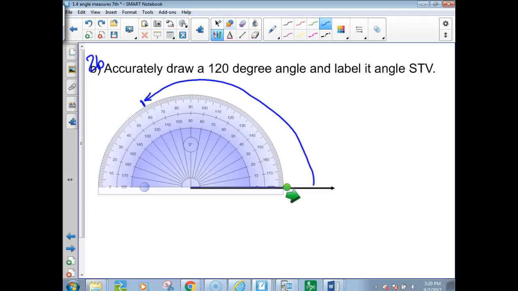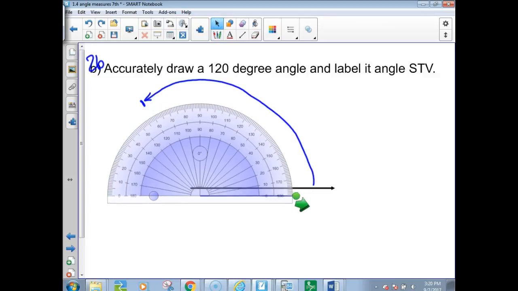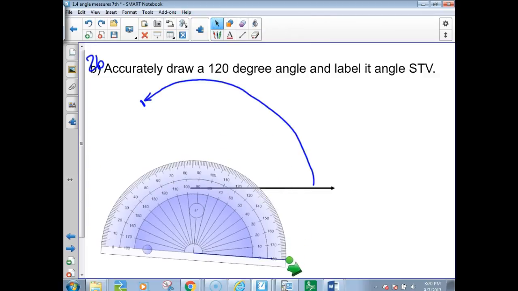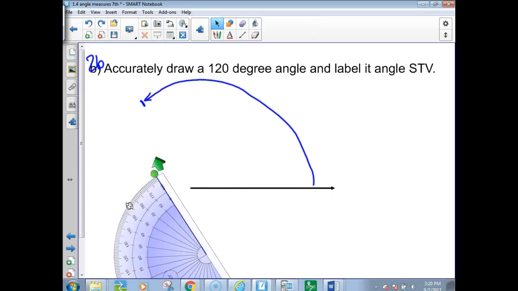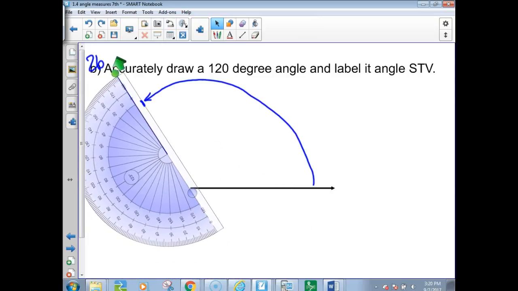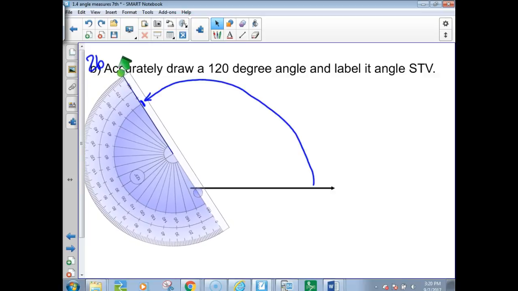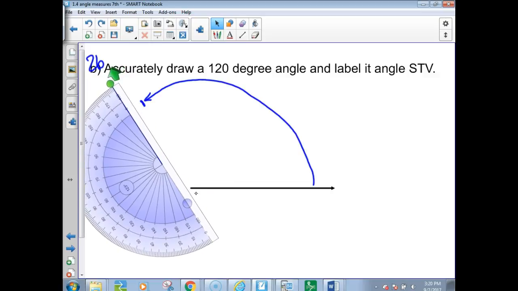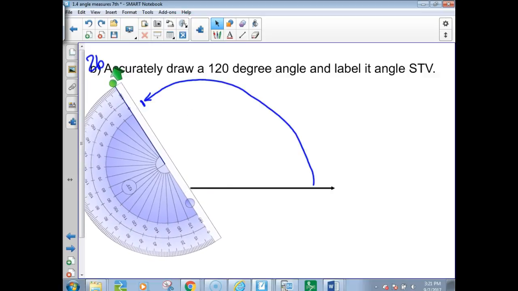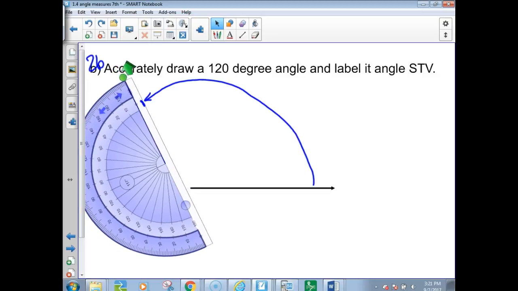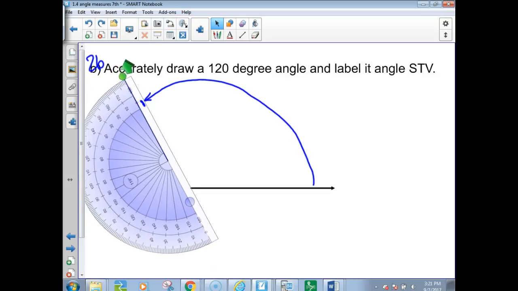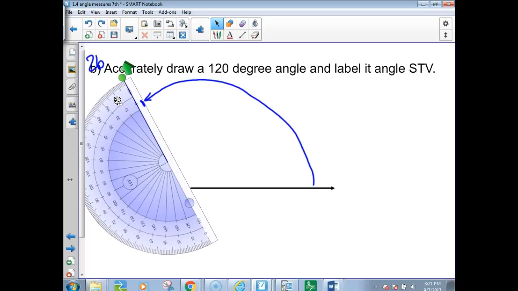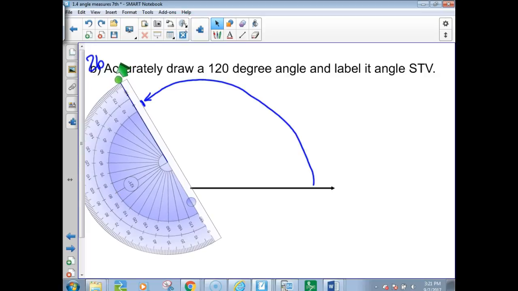Okay. Now, I'm going to grab my protractor and use it as a straight edge to connect the vertex here to that mark. I just connect the vertex through there.